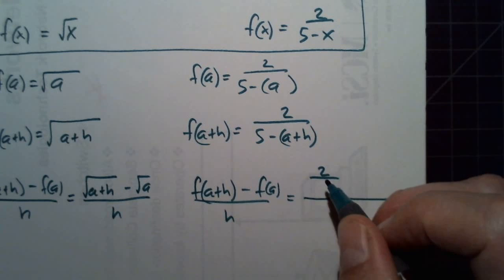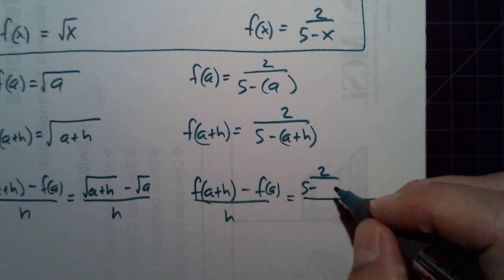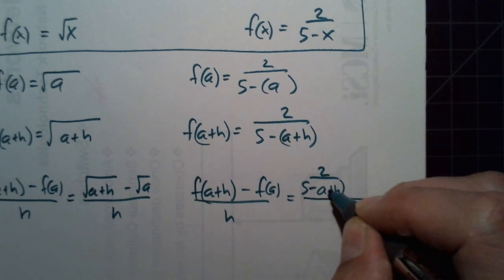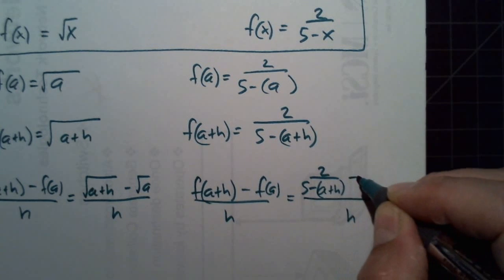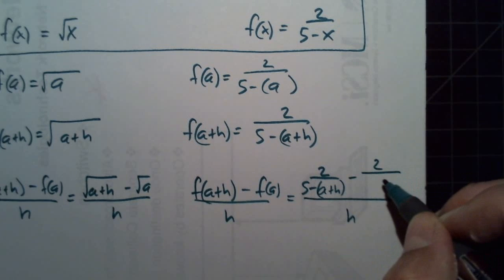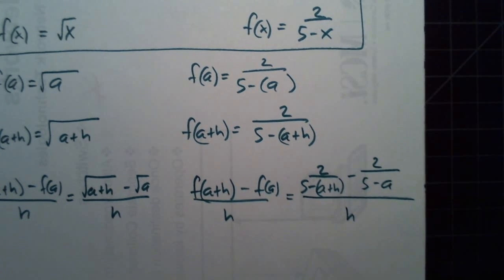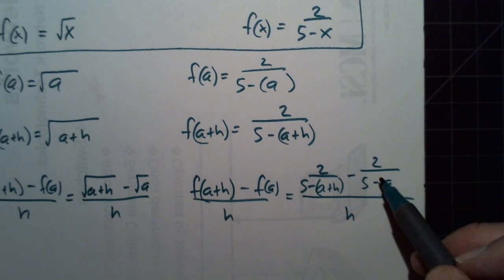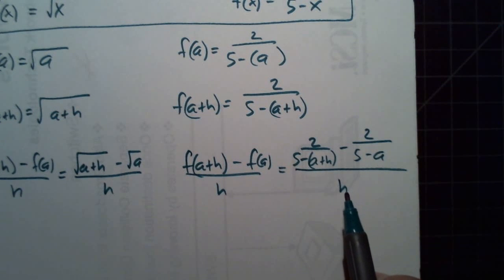So f of a plus h, 2 over 5 minus a plus h, and then that's f of a plus h minus f of a. And then we have to just get rid of the complex fraction. We don't want to have these fractions in the numerator. So what we have to do is get a common denominator.